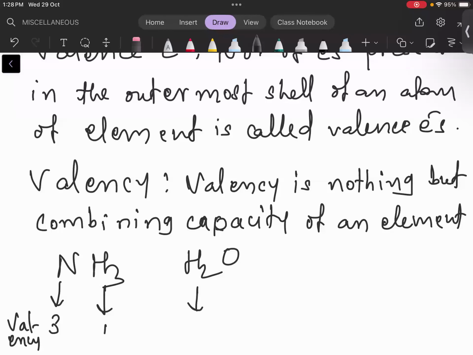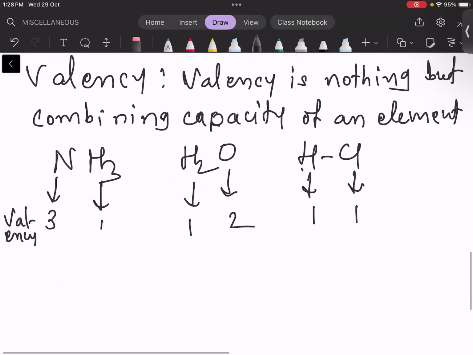So valency of hydrogen is 1 and that of oxygen is 2. Similarly, HCl. So valency of hydrogen is 1, that of chlorine is also 1. Okay. So what is valency? Combining capacity of an element. That is called what? Valency.